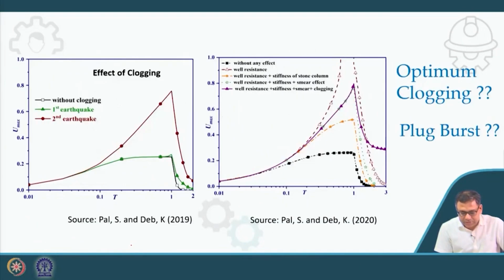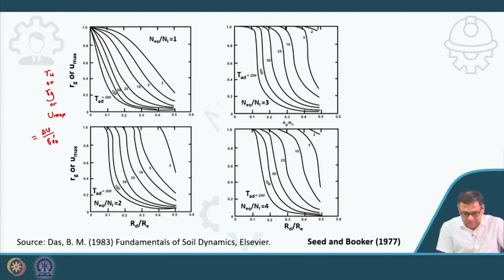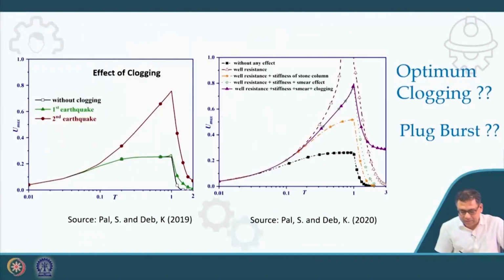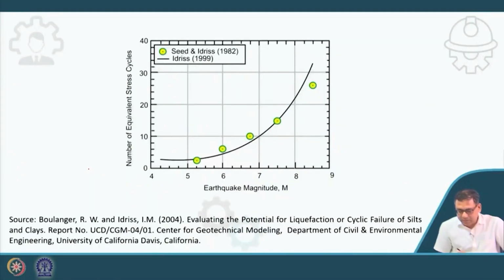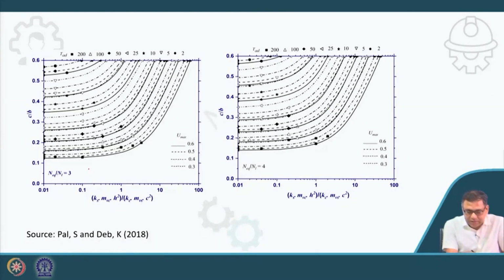If I go to these charts, because I will read these charts, N_EQ by NL is 2. Now, under which design pore pressure ratio? What would be the design pore pressure ratio? That is another important thing. Generally, if you see the chart, it is developed for 0.4, 0.3, 0.5, 0.6.